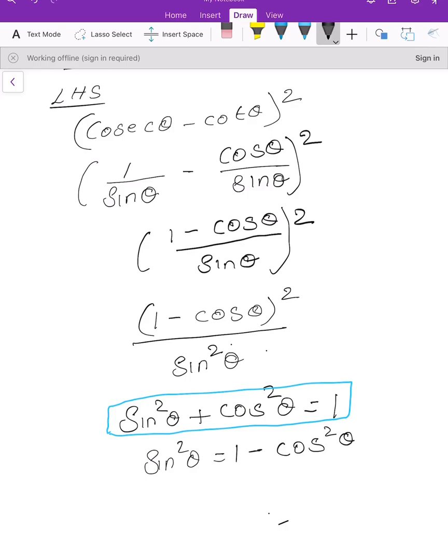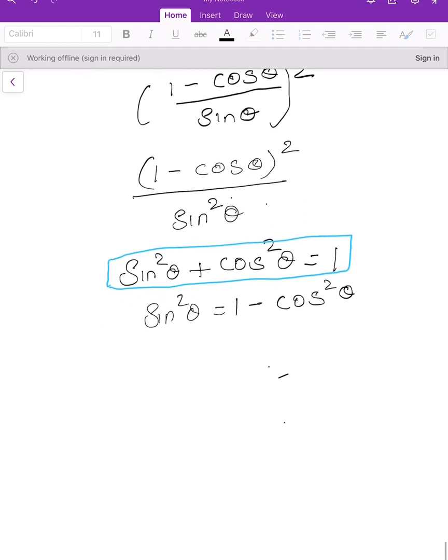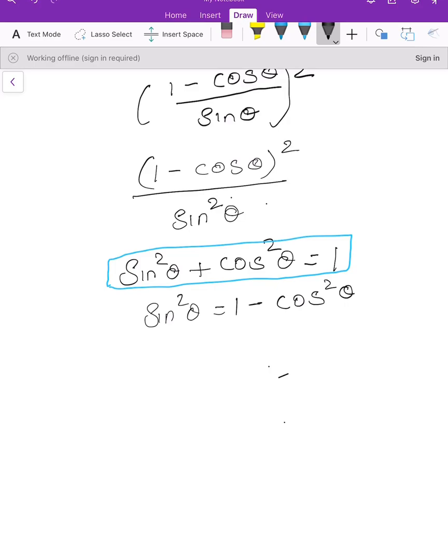I'm doing this to change my sine also into cos, because my right hand side is totally in cos. So in place of sine square theta, I will substitute this 1 minus cos square theta.